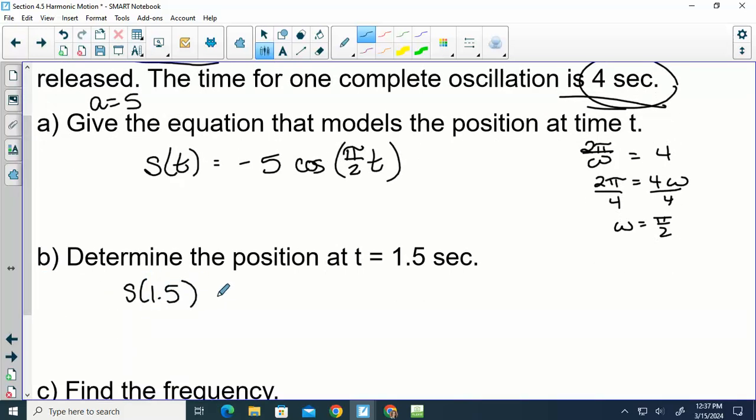Let's go ahead and just use our calculators to do this. Make sure you're in radian mode, since we have pi over 2. So radian mode, negative 5 cosine.